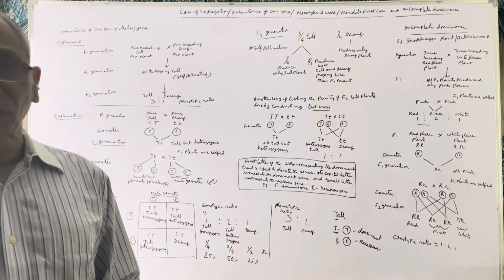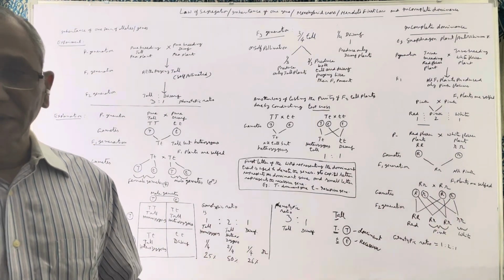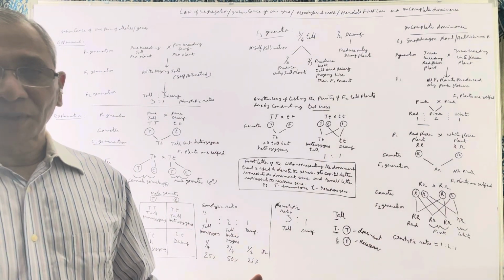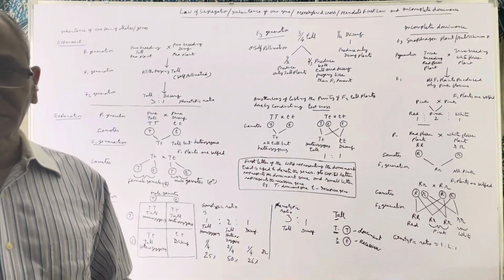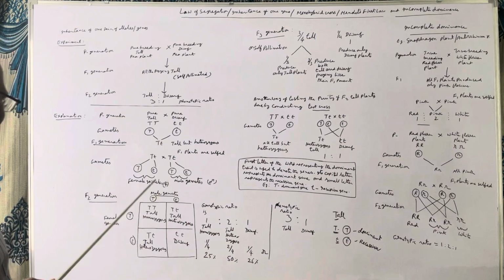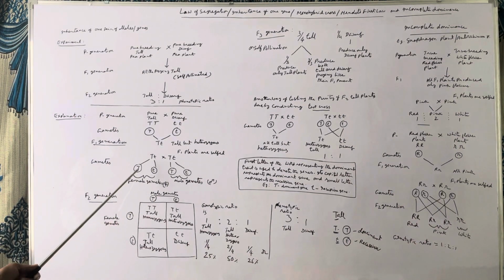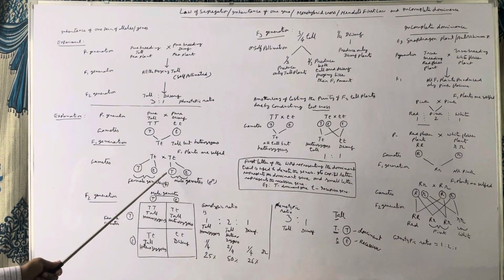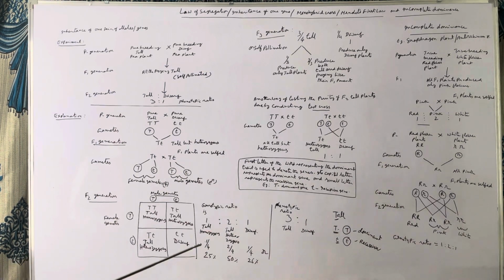Then, during fertilization, any gamete can combine with any other gamete. The chance of probability. So here, this can combine with this one, or this can combine with this one or this one.